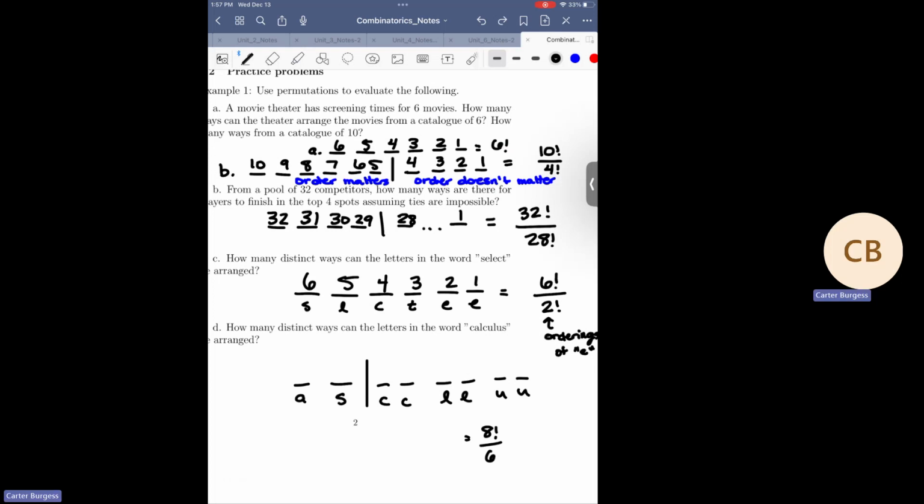Rather, let's think of what we can do with our C's, what we can do with our L's, and what we can do with our U's.